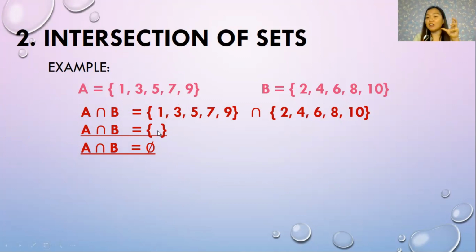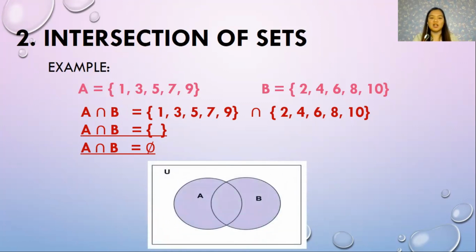So, ganyan na siya. Based on our lesson yesterday, this kind of set is called, correct, empty set or null set. Walang element sa loob ng set. Wala talaga silang element na magkapareho. Ganon. So, using the Venn diagram, lahat ng A, we have 1, 3, 5, 7, and 9.